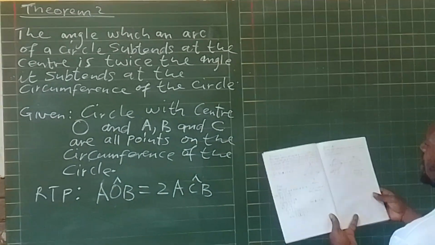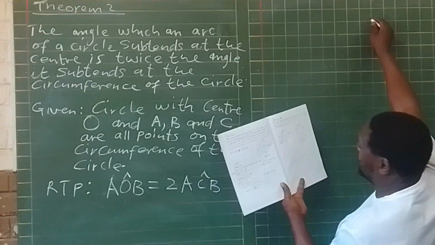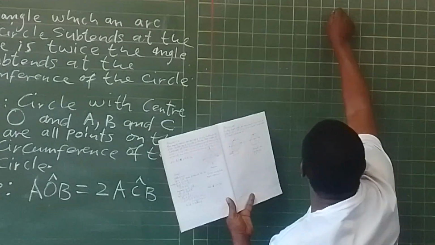Now let us draw the circle. The circle goes like so.